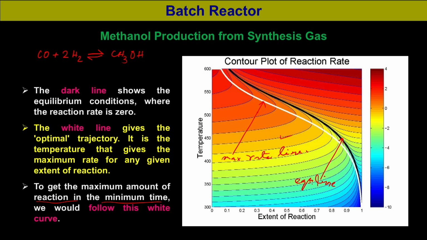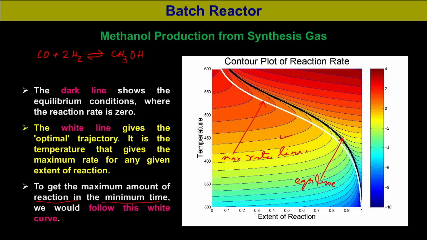So, we call it a contour plot, and in this case you could see that there are three different lines over here. The thicker dark line at the middle is basically the equilibrium line.